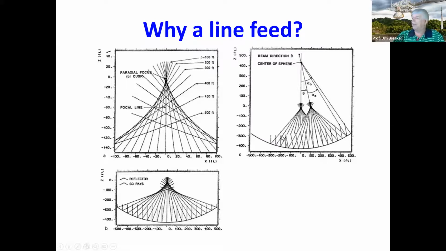And then you can see if you just move the line feed, you then can move the beam from straight up to this direction. And so that was very clever and really saved Arecibo for many, many years for being a premier research facility, especially for the radio astronomers.